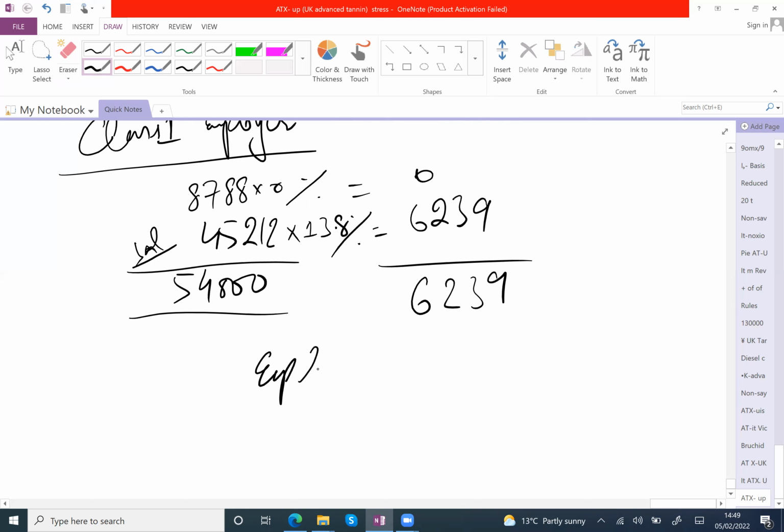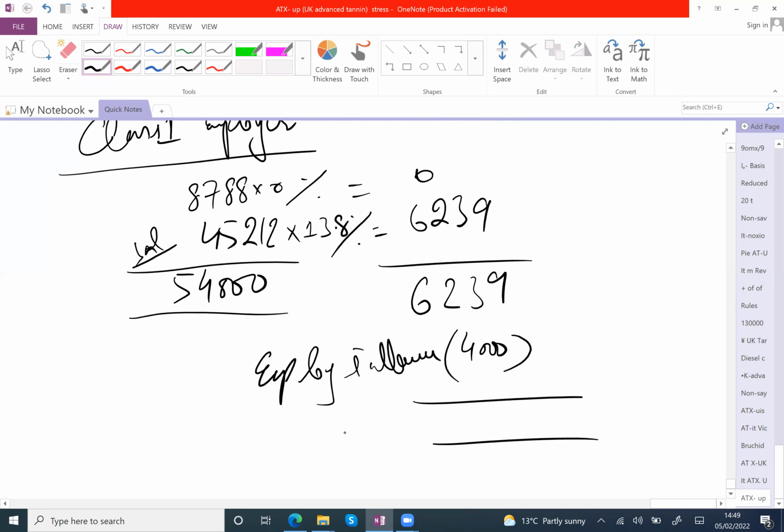And here you will get the employment allowance 4,000 deducted, and the remaining NIC is 2,239. This you will pay to HMRC.